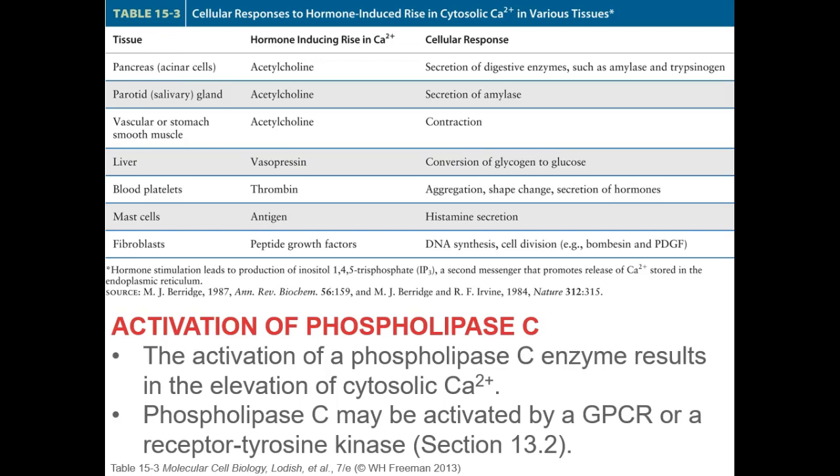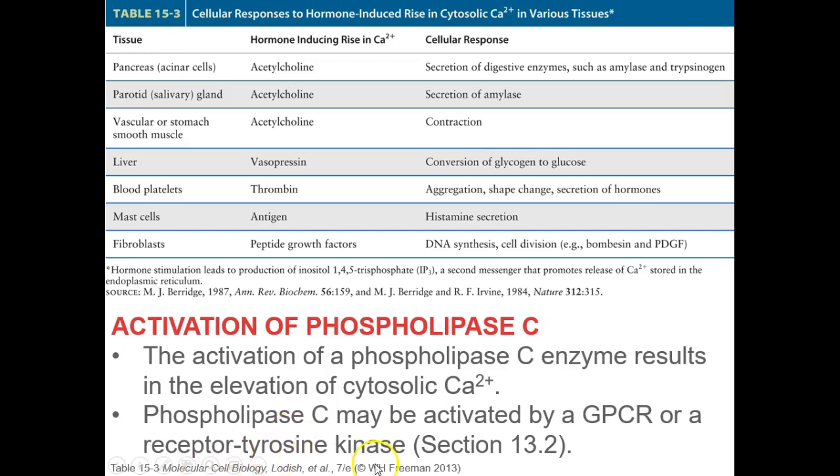So when we activate phospholipase C, I have another table right here, just like I had that big table for cyclic AMP. When you activate phospholipase C, there is a series of events that results in the cytosolic calcium concentration going way up. We activate phospholipase C by a G protein coupled receptor, the G sub Q, like I just talked about, but we're going to revisit this again.